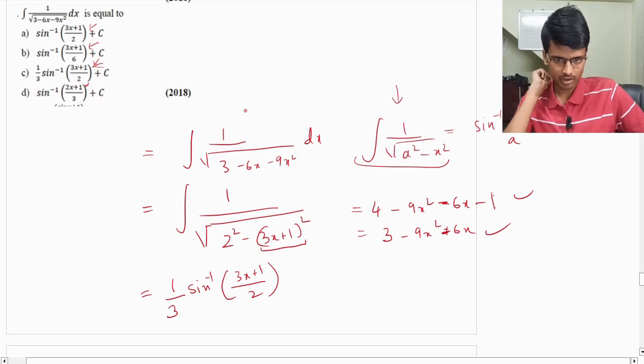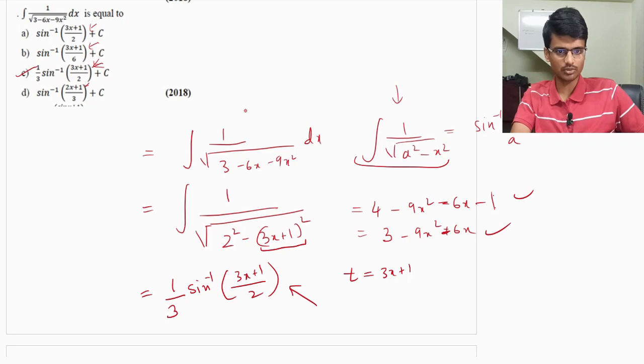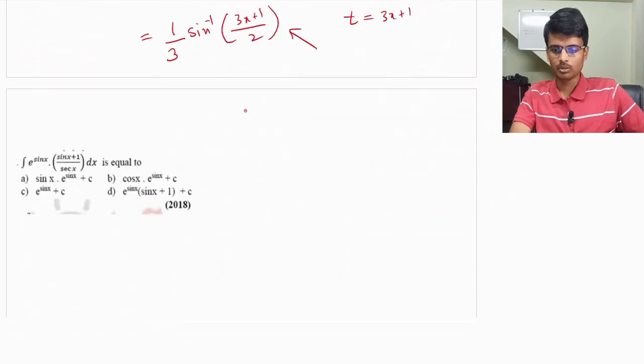Or you could do the standard way. You can put t equal to 3x plus 1 and solve. You'll arrive at 1 by 3 sine inverse of 3x plus 1 by 2. So the correct answer is option C. Okay, so this is how you solve this type of question. This was a pretty easy question. Standard formula, we just need to apply that. Moving on.